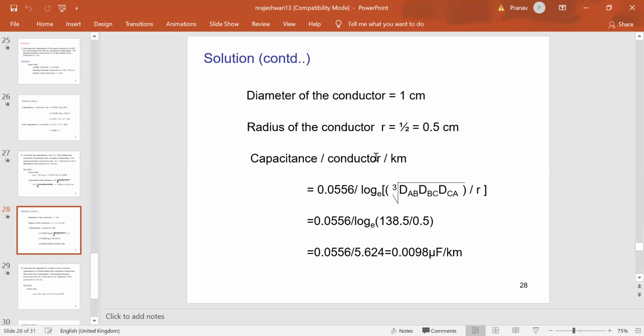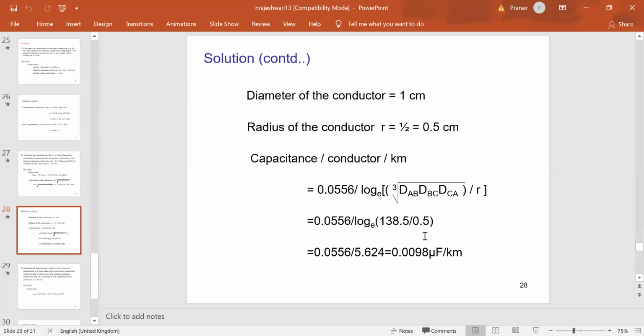So capacitance per conductor per kilometer will be given by 0.0556 divided by log of the cube root of DAB, DBC and DCA by small r, where capital D is 138.5 and the radius is 0.5 centimeters.